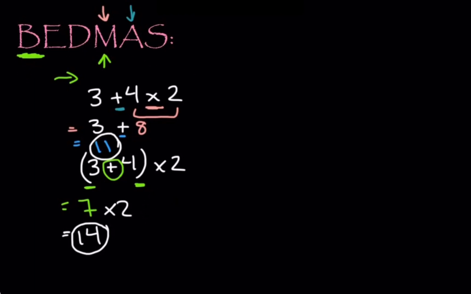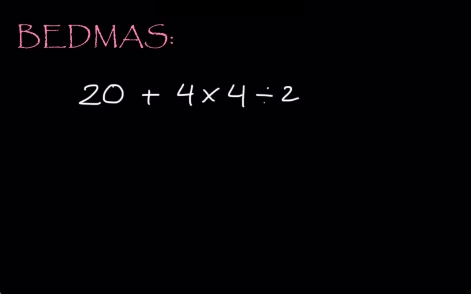Now let's do another one. Okay, so 20 plus 4 times 4 divided by 2. We look at what operations we have. We have addition, multiplication, and division. Let me do them in different colors so we can distinguish them. Okay, so we look at our BEDMAS acronym.